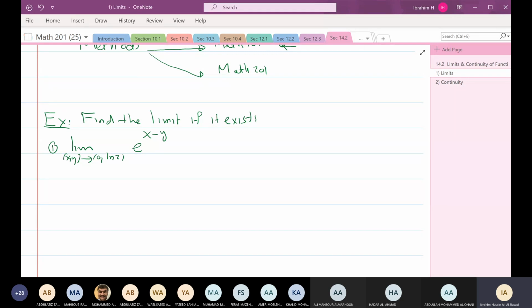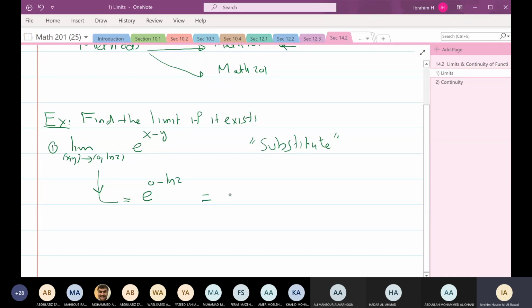We apply what we usually do in Math 101. What is the first step that you do in Math 101 to compute limits? We substitute, and see what we get. (x,y) approaches (0, ln 2), so x will go to 0 and y will go to ln 2. So I replace x with 0 and y with ln 2. We get e to the power 0 minus ln 2.